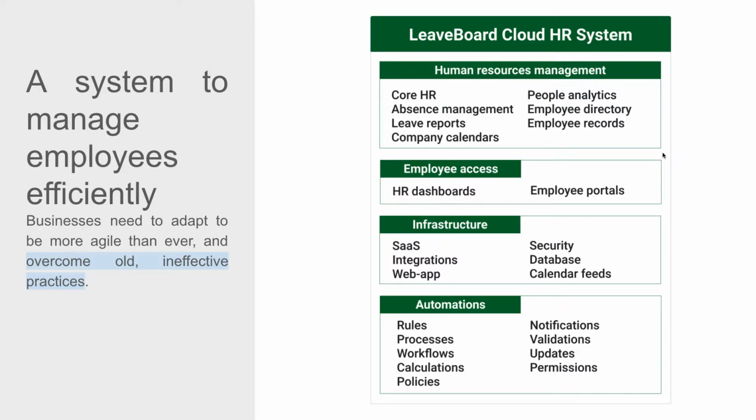First, HR management with core HR, absence management, leave reports, company calendars, people analytics, employee database and records. Then we have employee access, more specifically employee self-service with HR dashboards and people portals.